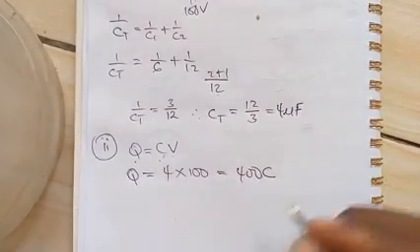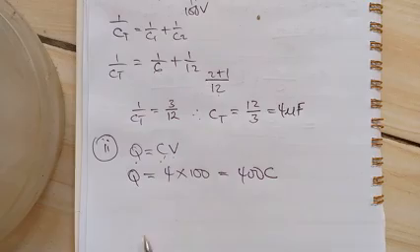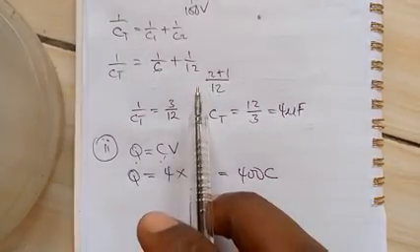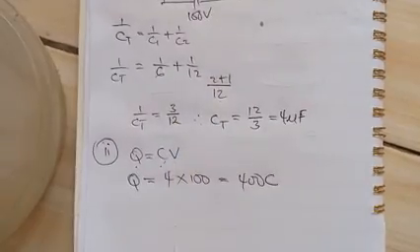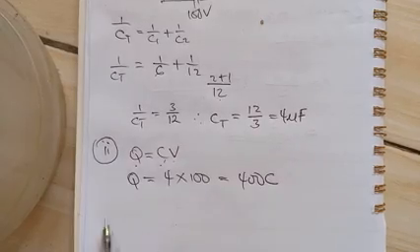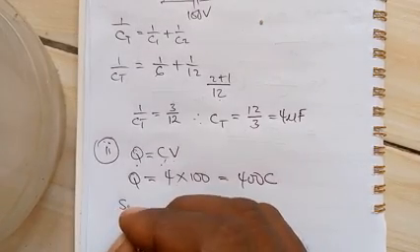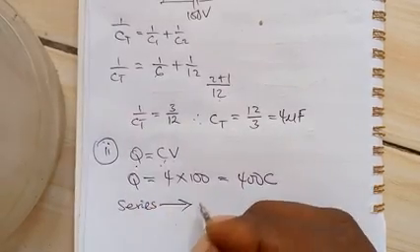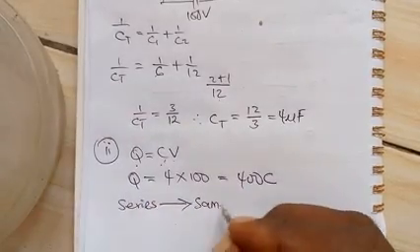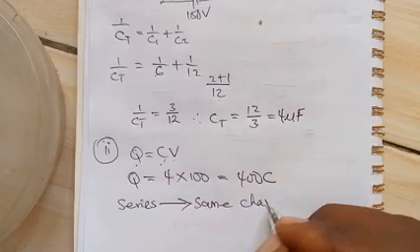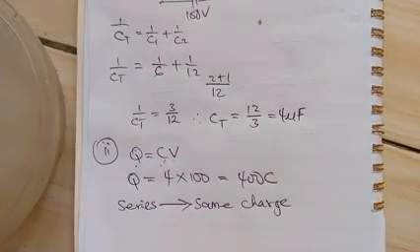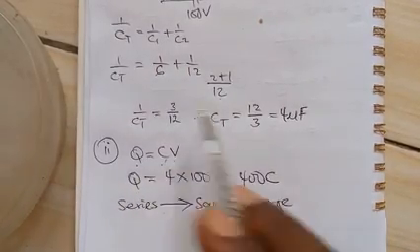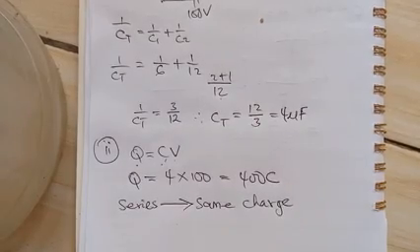Charge is measured in coulombs. Now they said we should get it for each capacitor. Since they are connected in series, they have the same charge, so Q1 is the same thing as Q2.